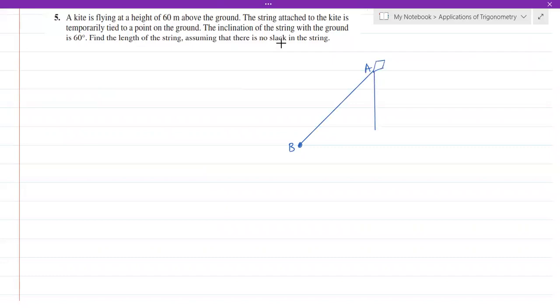Remember, the height is always a perpendicular distance. So we take the perpendicular distance to be the height from the ground. So this height, that is AC, the height at which it is flying is 60 meter. So they have given us the value of AC. Let's join B and C.